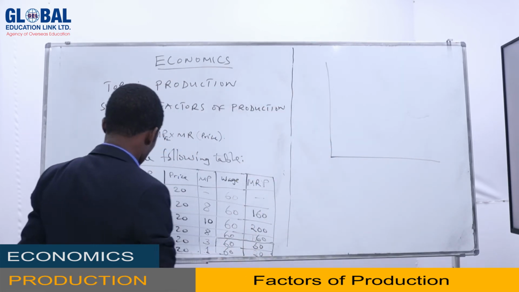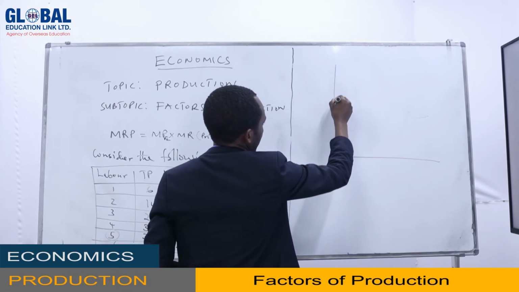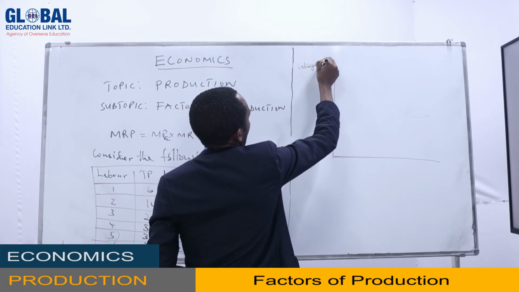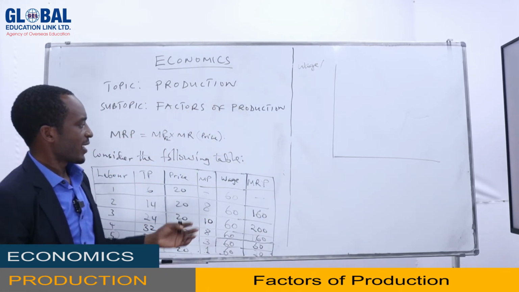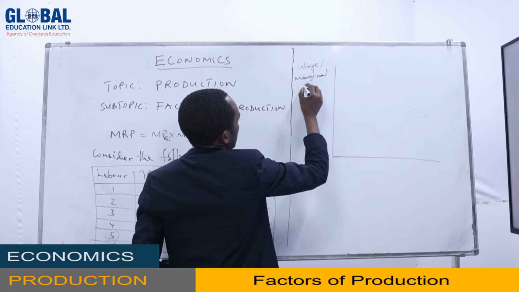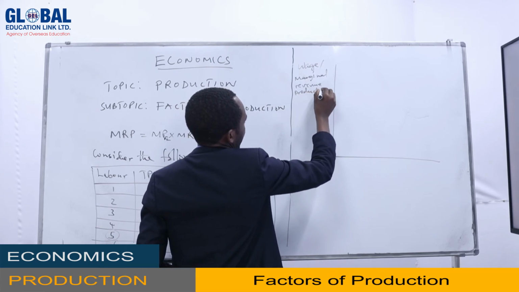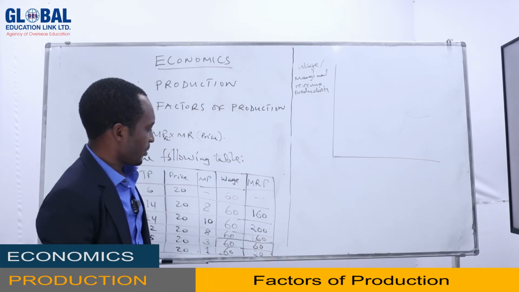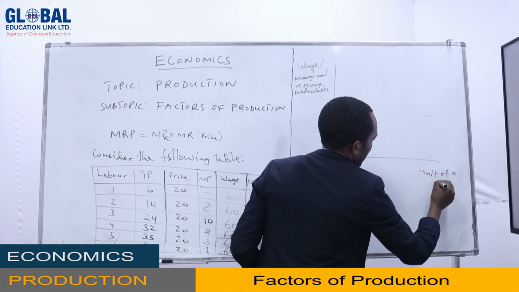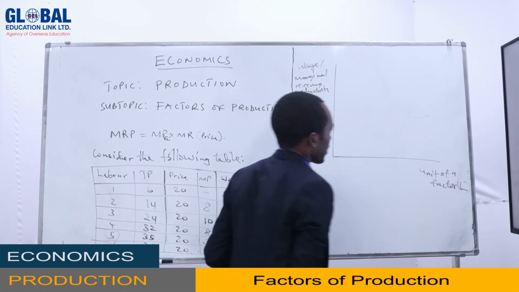At the vertical axis, you'll put the wage rate, or the marginal revenue productivity, and the horizontal axis will be the units of a factor, in this case labor.